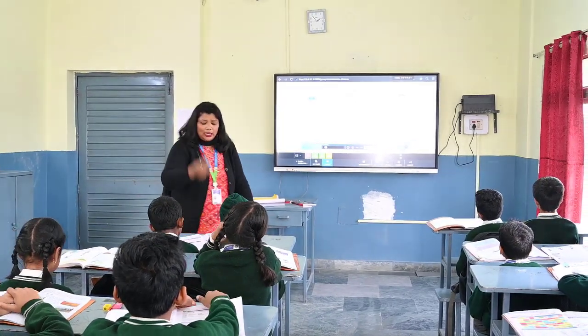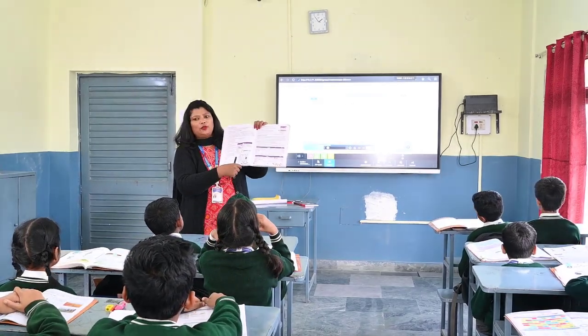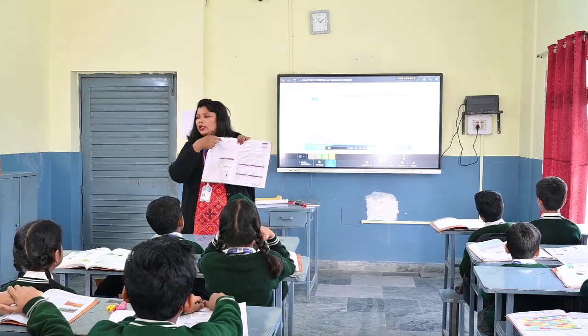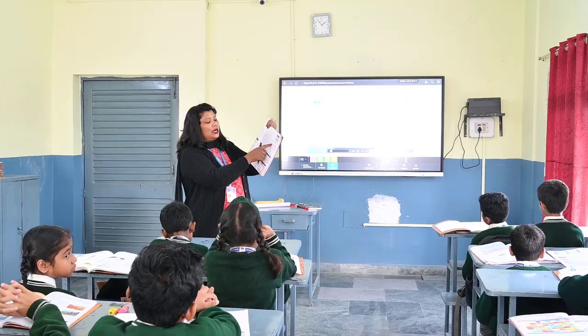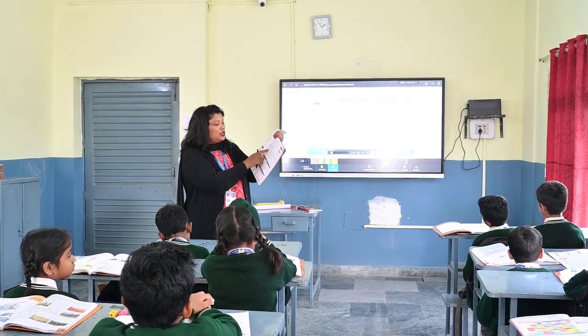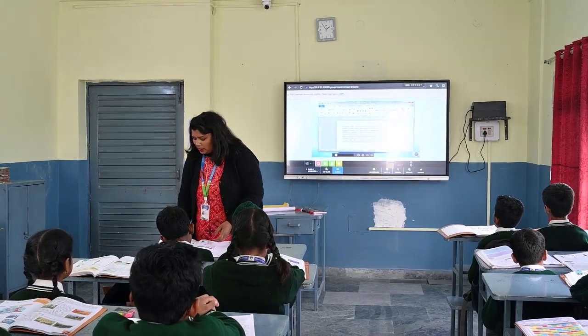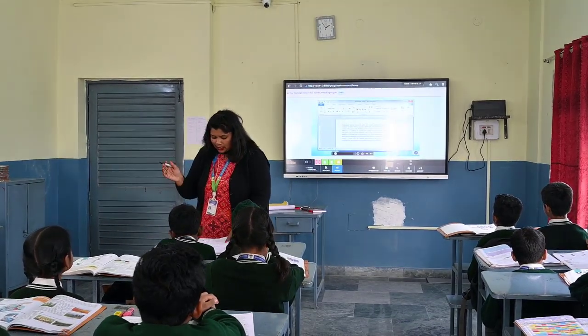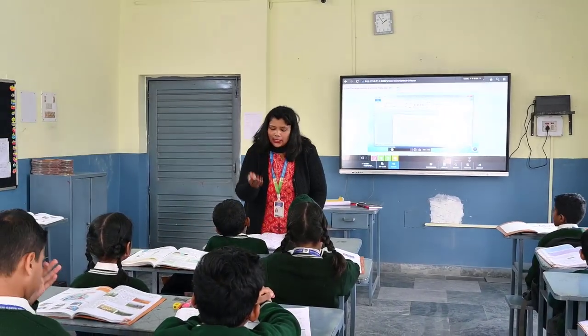Header means header. Footer. Top of the page, bottom of the page. That is your header and footer. Header is a section of the document that appears in the top margin, while footer is a section of the document that appears in the bottom margin. Okay? And this you will not understand until and unless you practice it.